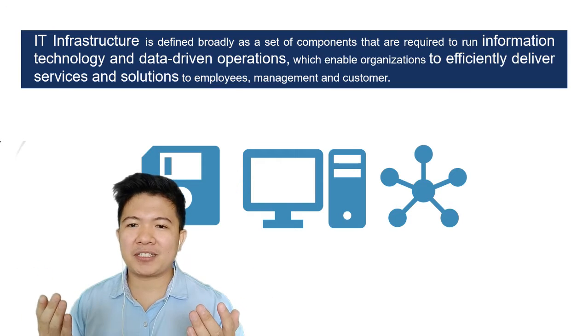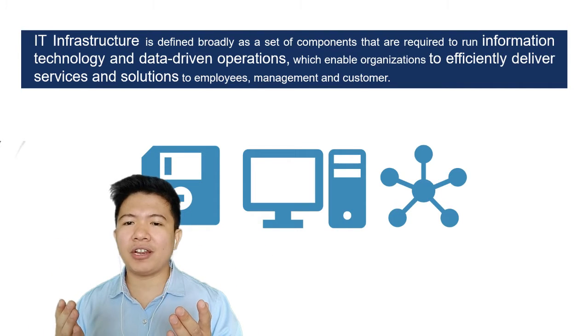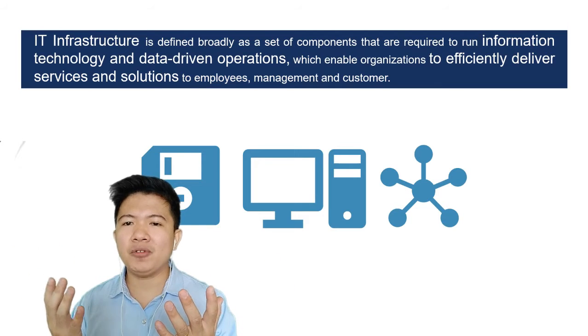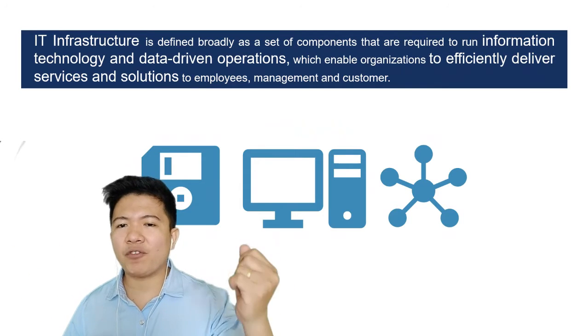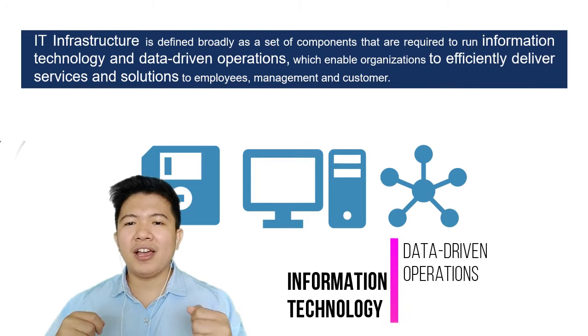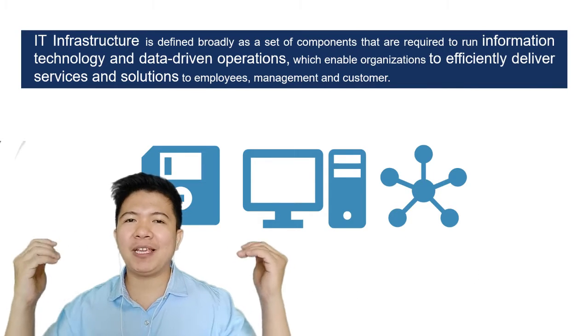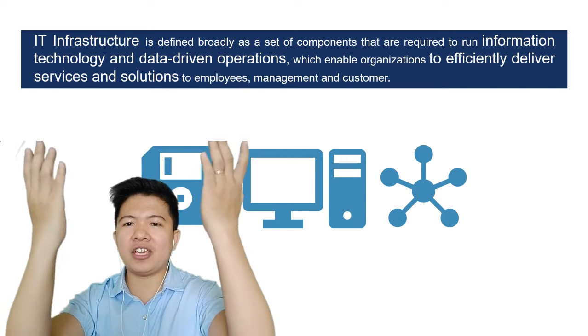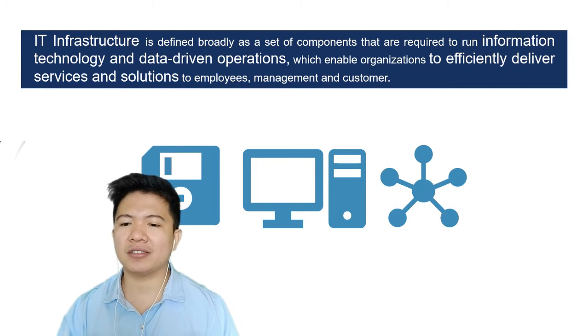So, IT infrastructure or information technology infrastructure refers to the various set of components required to run information technology and data-driven operations. So, it can be connoted as the backbone of your organization's entire operations.